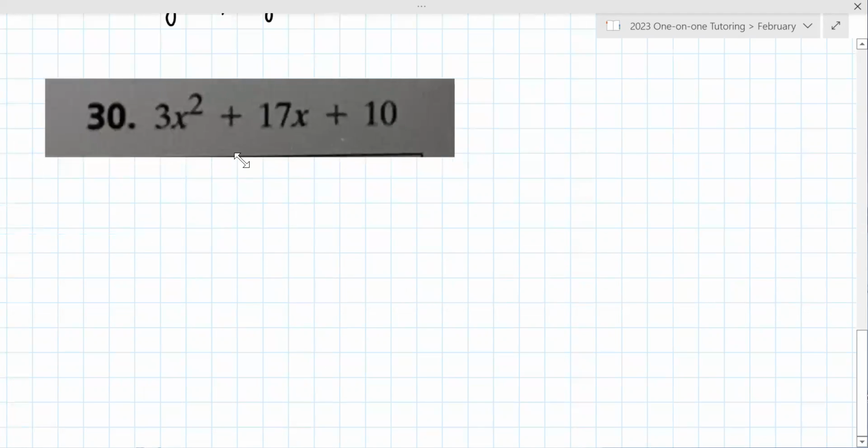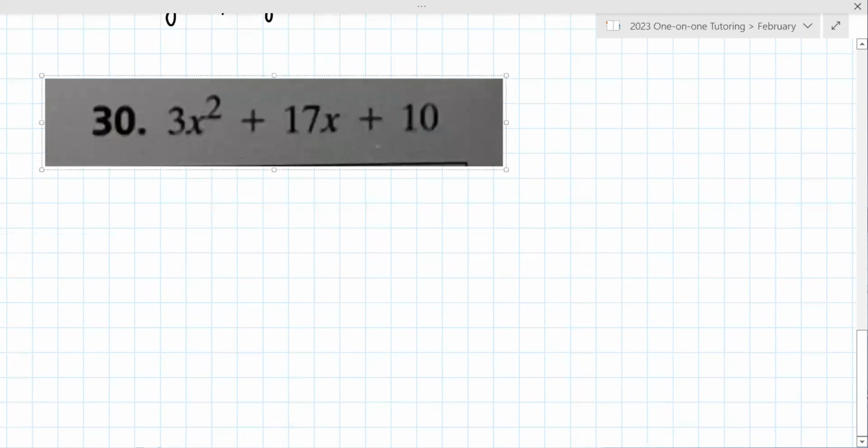Yeah, so here's one for you to try on your own. It's exactly the same as the others, just different numbers, same recipe, same steps.